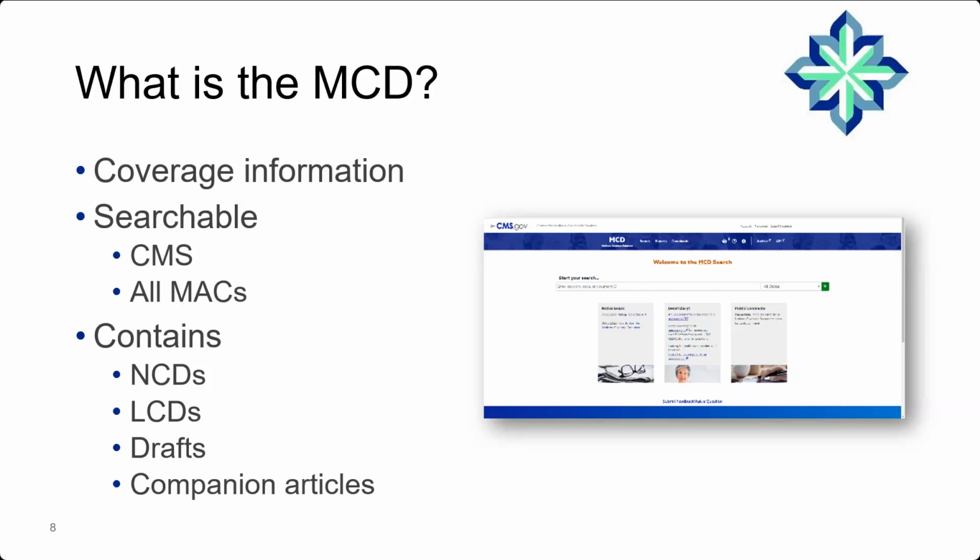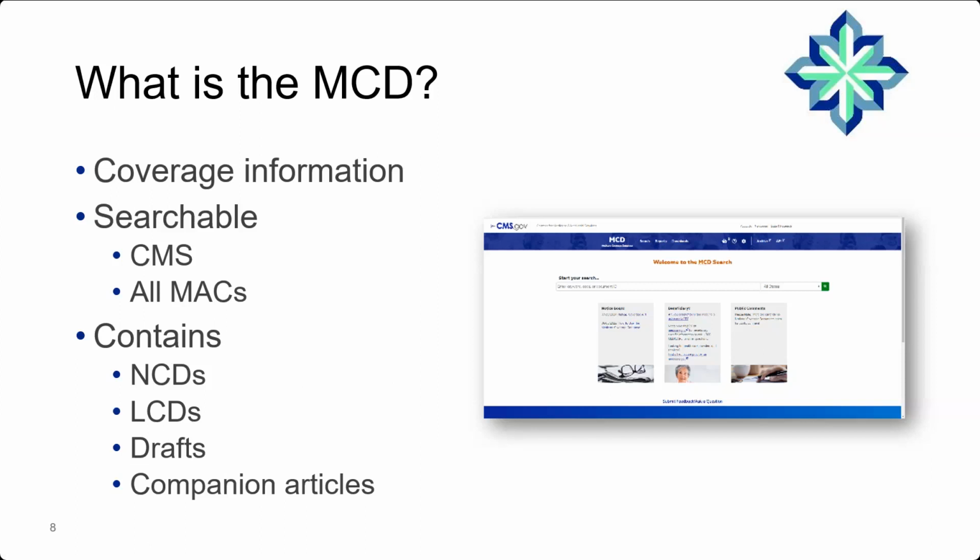So everything's in one place. There's not a need to maneuver from MAC website to MAC website. That would certainly be cumbersome to have to search individual MAC websites for their local coverage decisions. So the MCD allows for that central storage location where you can see coverage decisions that are set by CMS, WPS, or other MACs that have established those.